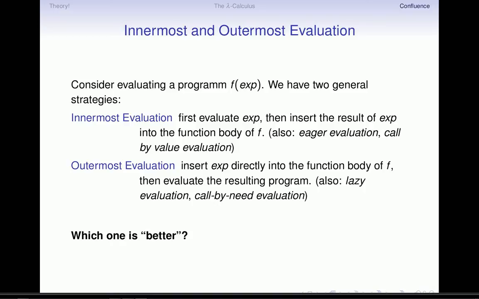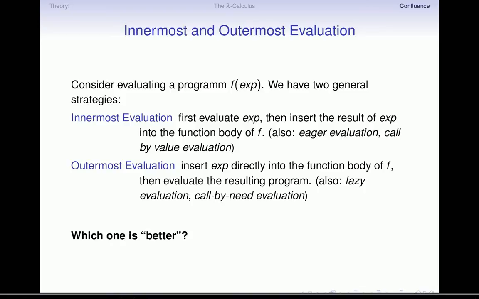This is also referred to as eager evaluation or call by value evaluation. Outermost evaluation inserts exp directly into the function body of f and then evaluates the resulting program. This is called lazy evaluation or call by need evaluation.